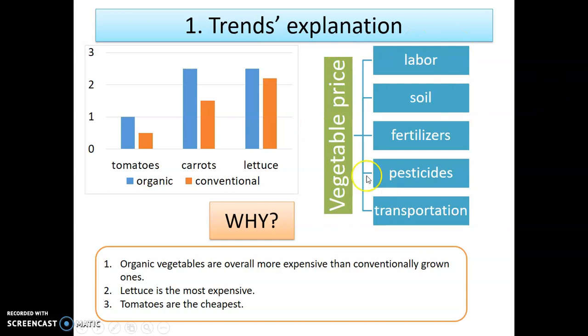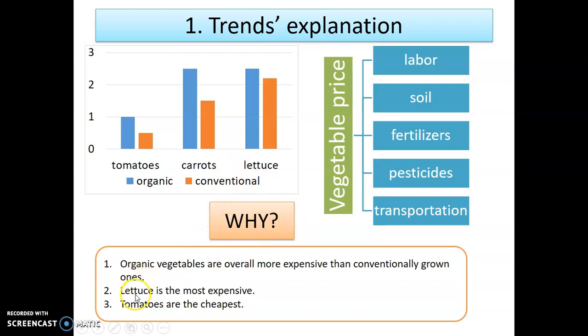So that all affects the price of vegetables. What you need to think of is why organic vegetables are more expensive. What affects their price? You need to do some reading and write an explanation why.